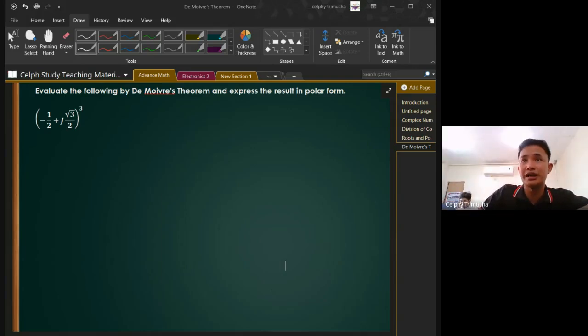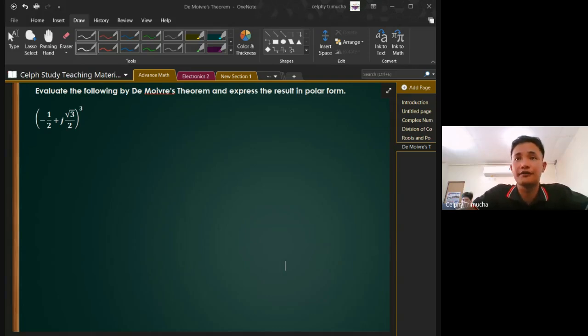So this time, what is given is expressed in rectangular form, then raised to a power: negative 1/2 plus j times square root of 3 all over 2, raised to the power of 3. We will use De Moivre's theorem, and our answer should be expressed in polar form.